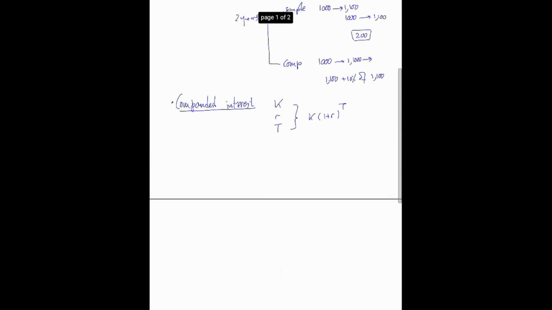What if the interest is not paid annually, but, for example, twice a year? Suppose your interest rate R is paid twice a year.